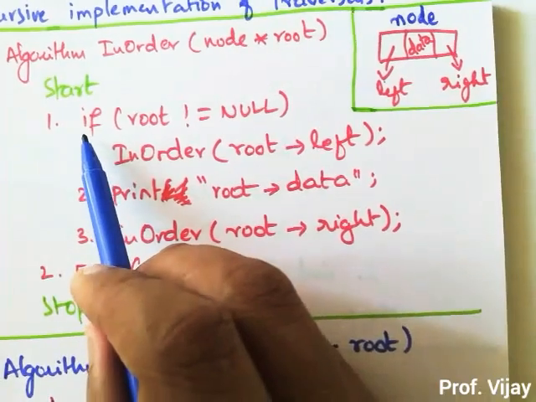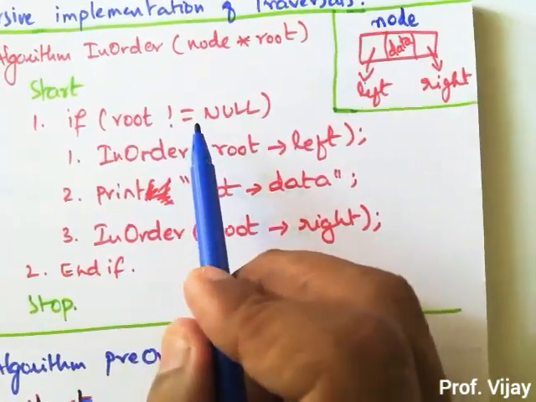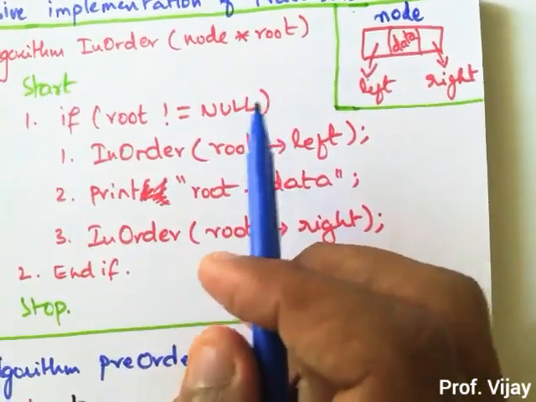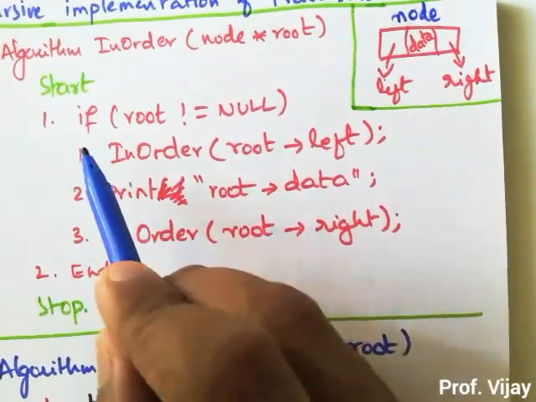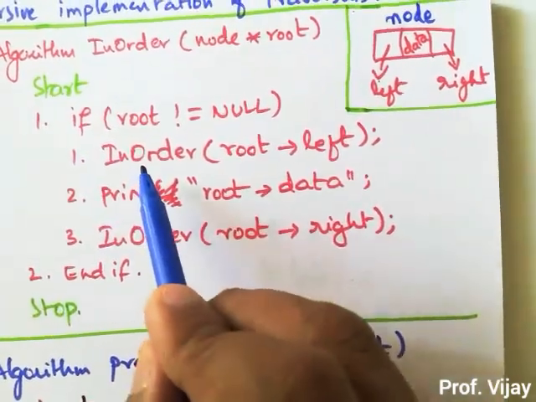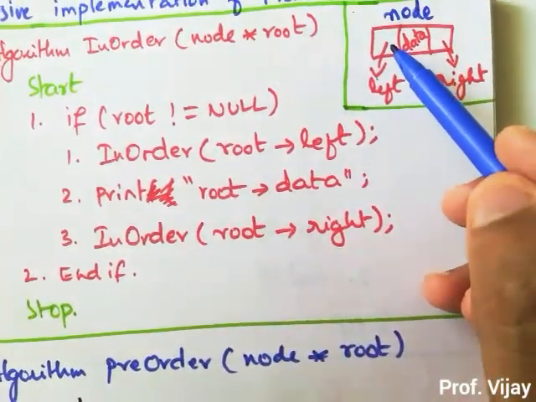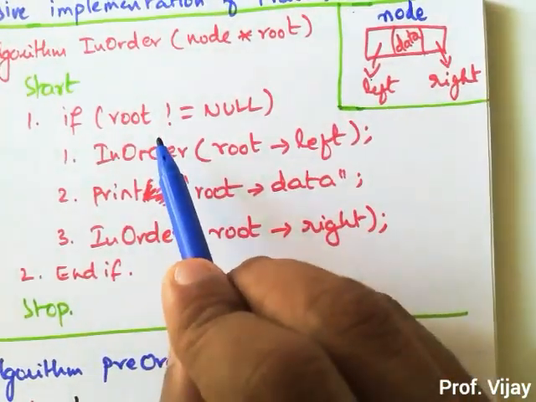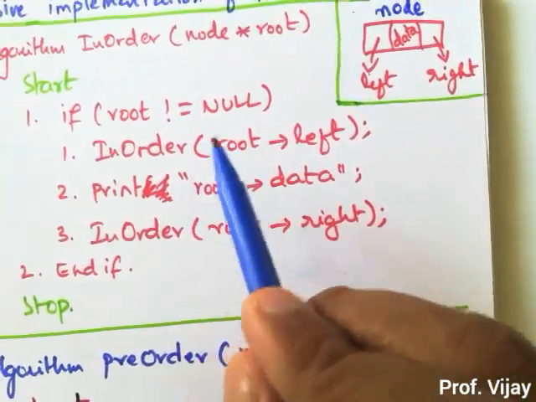The termination condition of the recursive function is: if the root is null, we do nothing. Only when the root is not null do we perform these three operations. We all know what in-order traversal is: visiting the left subtree, then the root, then the right subtree.